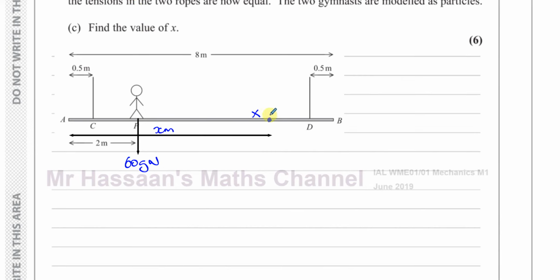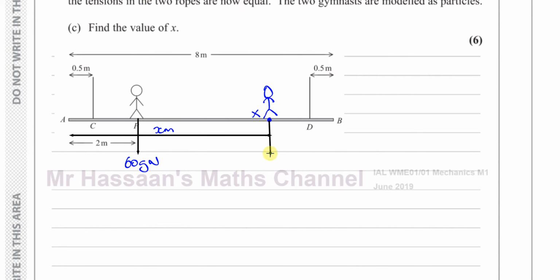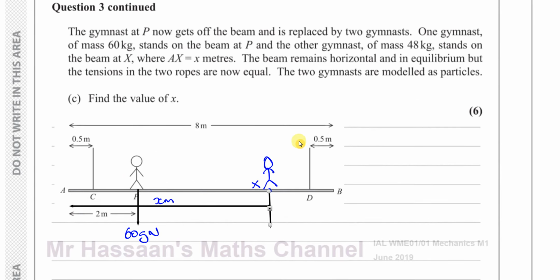And there's another gymnast over here, but this gymnast has a mass which is less. It should be acting vertically down. The mass of this gymnast is 48 kilograms.